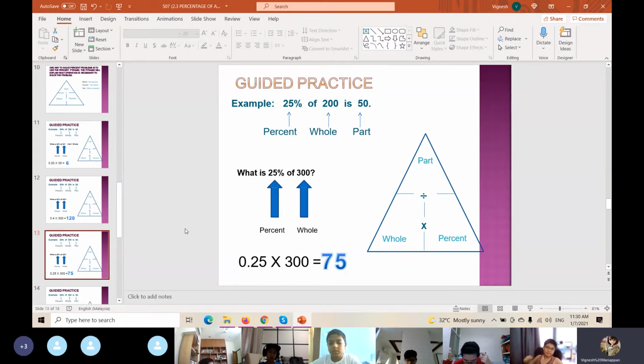It's not the whole. Wrong. 300 is whole. 0.25 is part. Wrong. Percent.